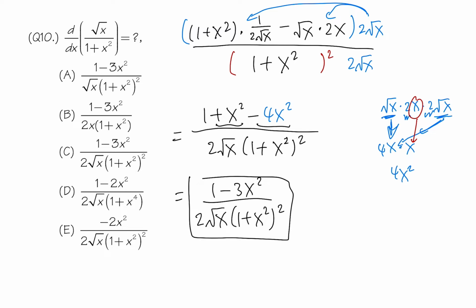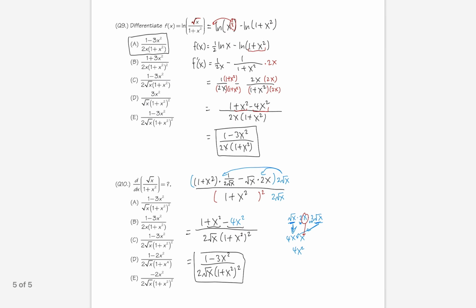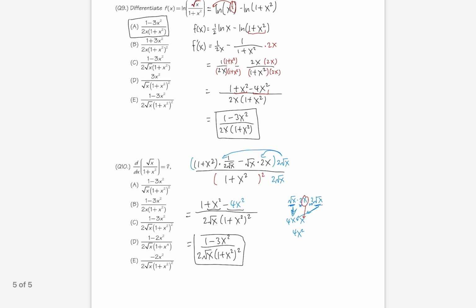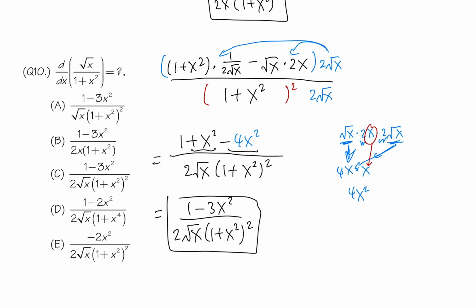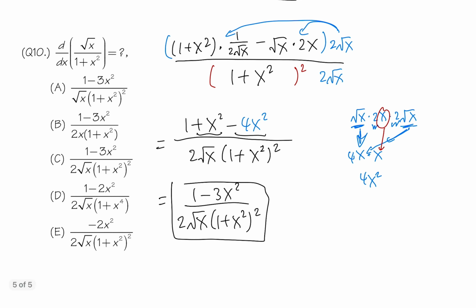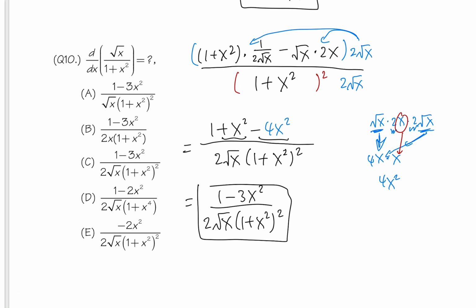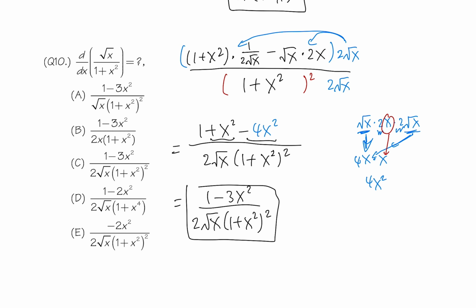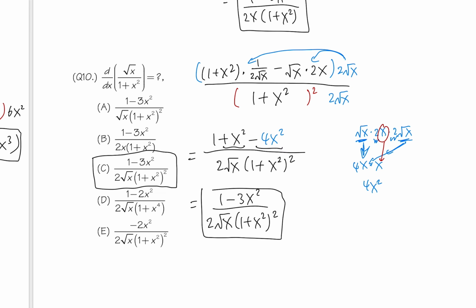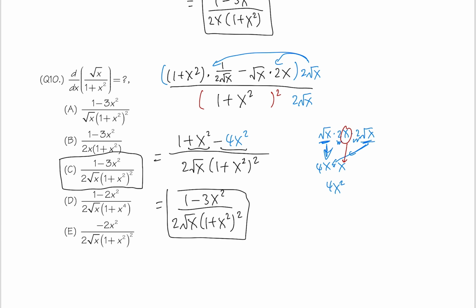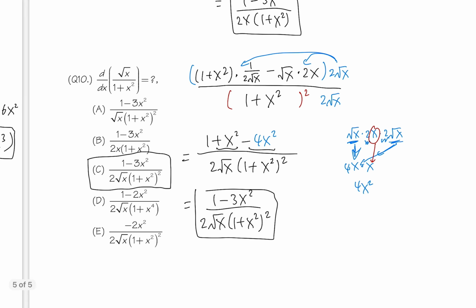And if you guys noticed, yeah, the answer choices are very similar as well. Yeah, I did this on purpose. And the answer for this one is C. Yeah, be careful. And this is how you get a 10 out of 10 on my derivative quiz.